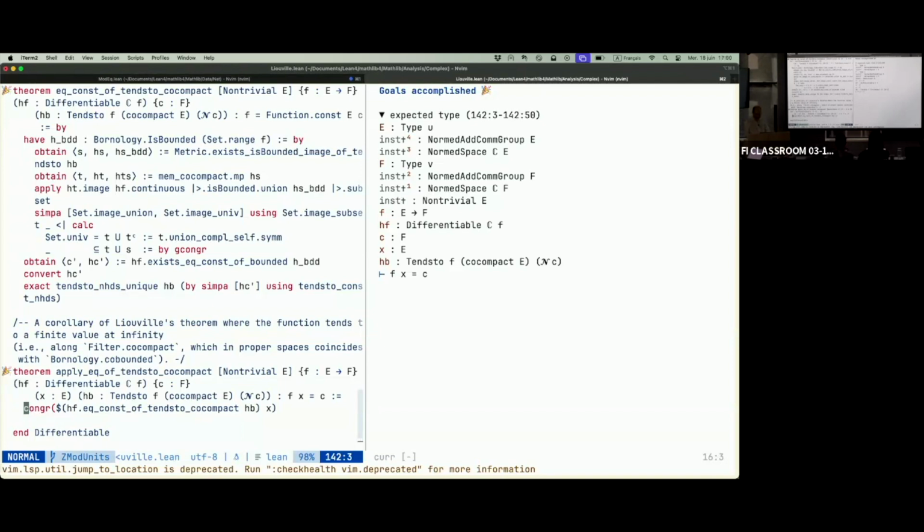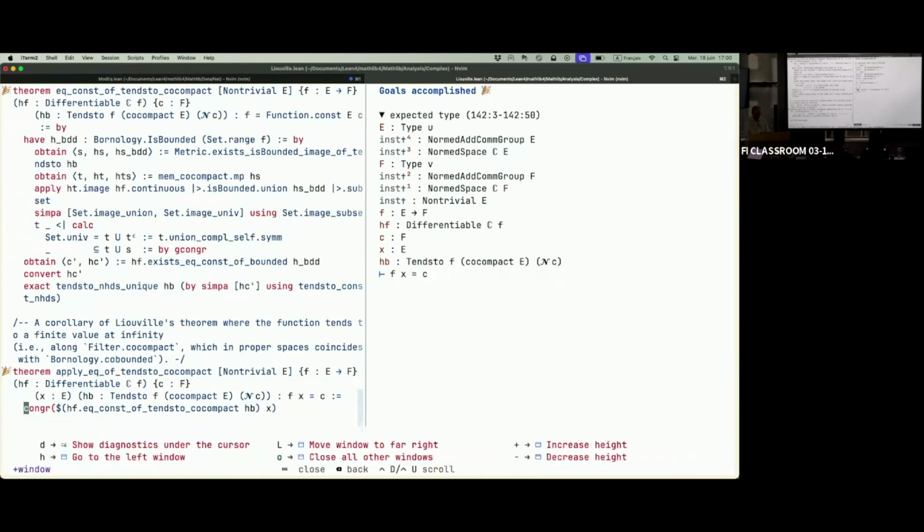And a function f from E to F, which is supposed to be complex differentiable in the complex sense. And an element C in F, which will be some value, and a point X, the point X is anything. And we will prove that f of x is something. And why is it C?